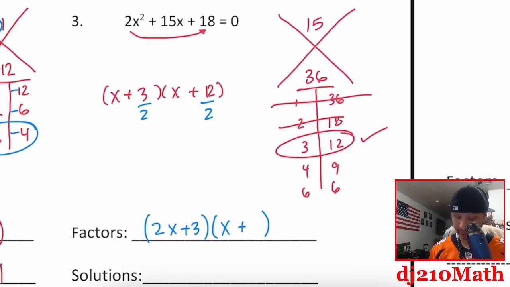X plus 12 divided by 2, 6. So the factors, 2x plus 3 times x plus 6. The solutions, x is equal to negative 3 over 2. X is equal to negative 6, right?